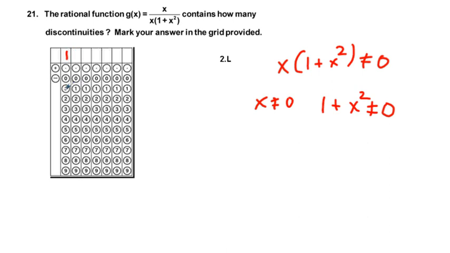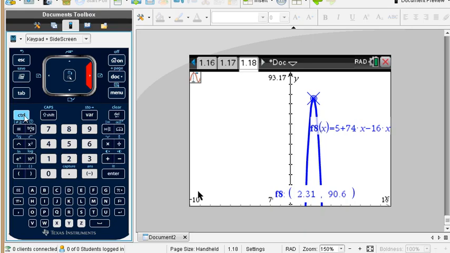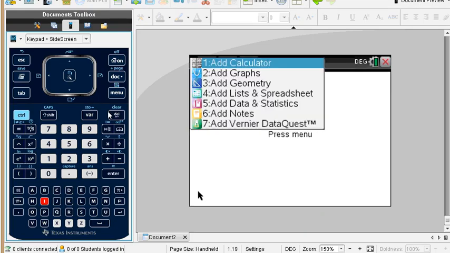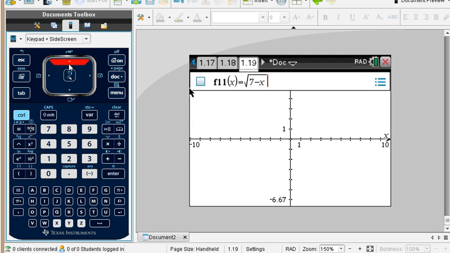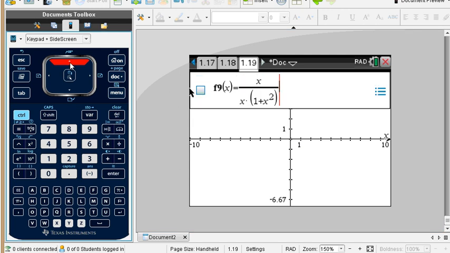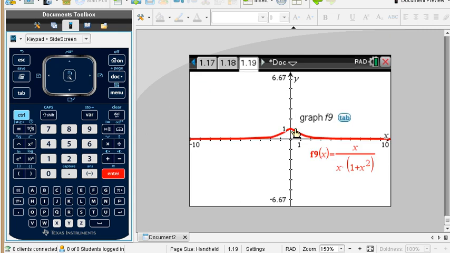We have 1 discontinuity here. Now, another thing you do to be sure is graph, and I previously graphed this. If I go to Control I, add graph, and we go to this, I know it's somewhere, here it is, that's it. And we don't see any discontinuities.